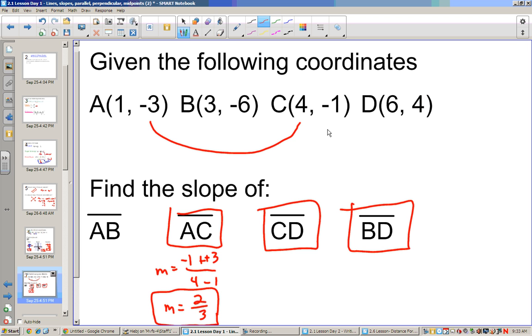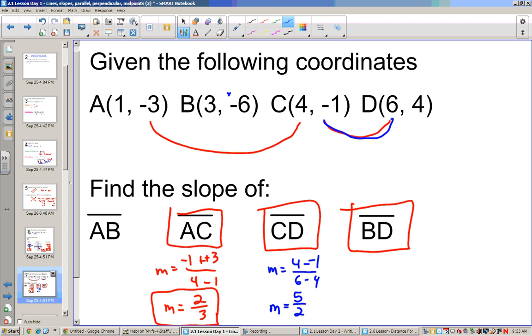To do CD, that is these two. Maybe I'll use a different color, blue. The slope would be 4 minus a negative 1 all over 6 minus 4. Minus a negative 1, that would be plus, so that's 5 over 2. So the slope of CD is 5 over 2.